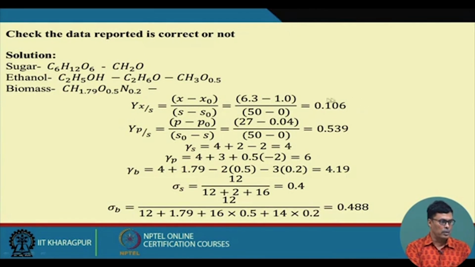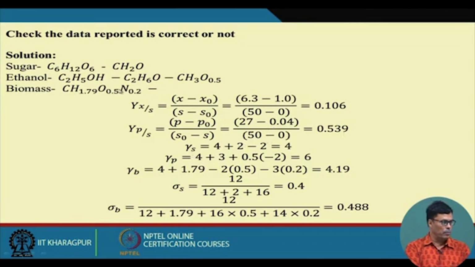This ratio is coming to about 0.106. Now P by S, this is a little bit of a mistake: this should be S0 minus S, and here it is P minus P0. This is coming to about 0.539.